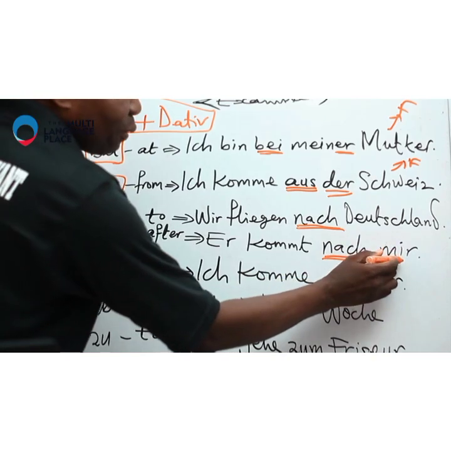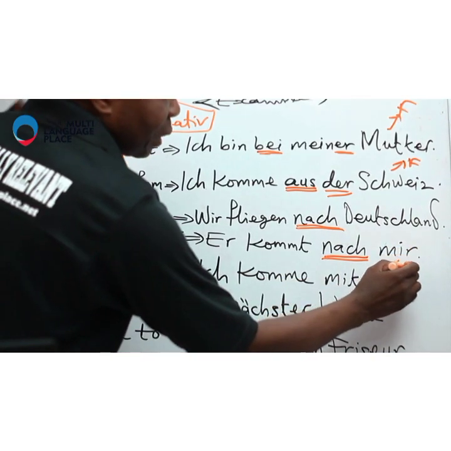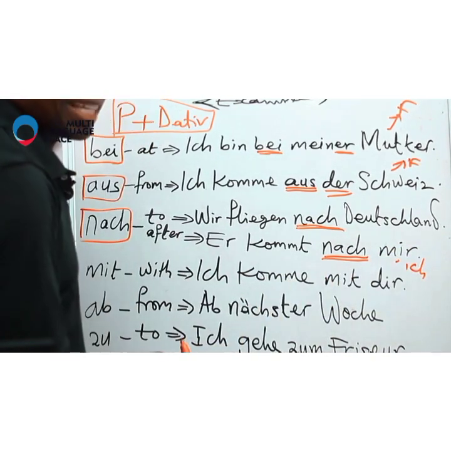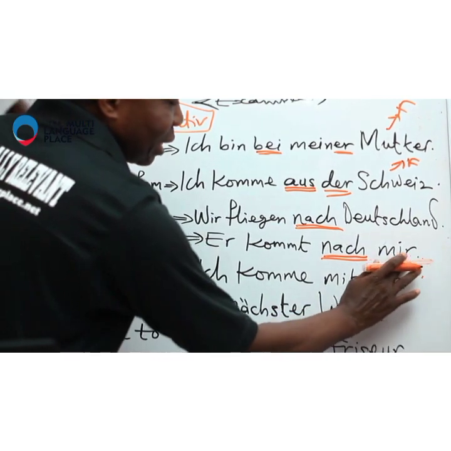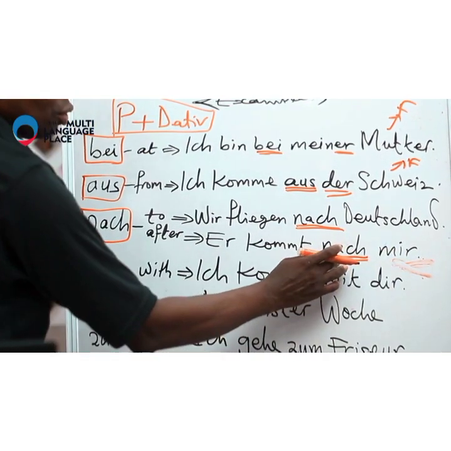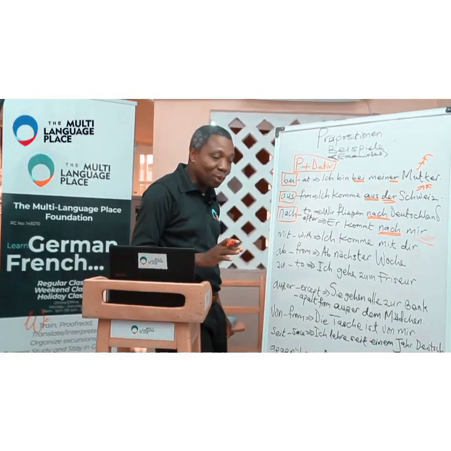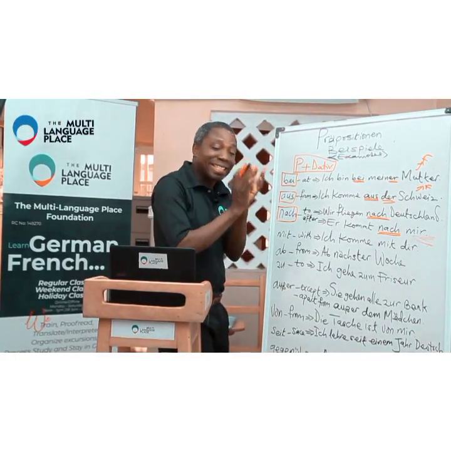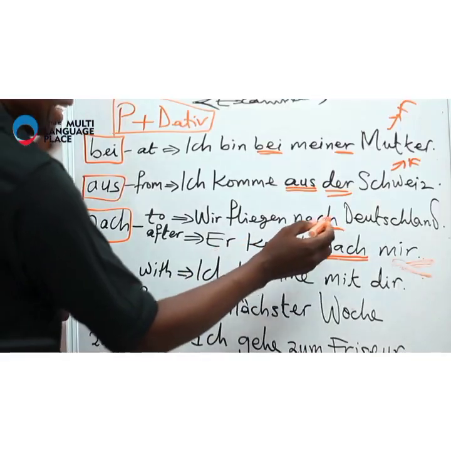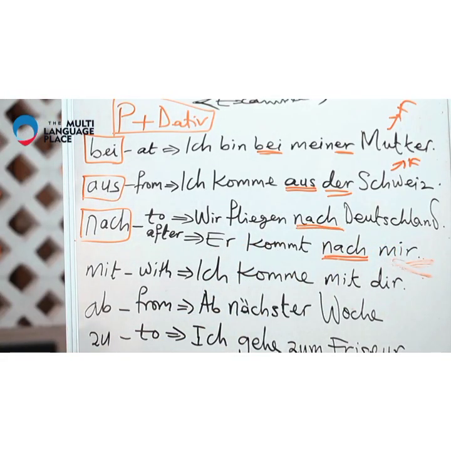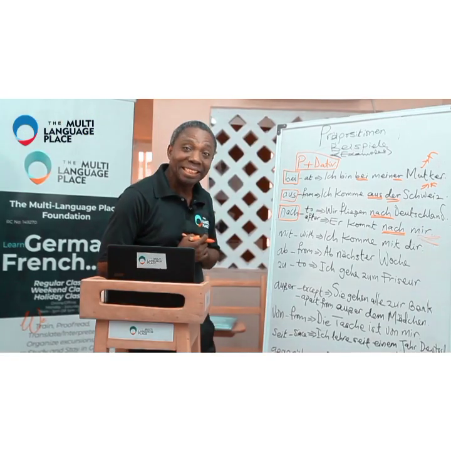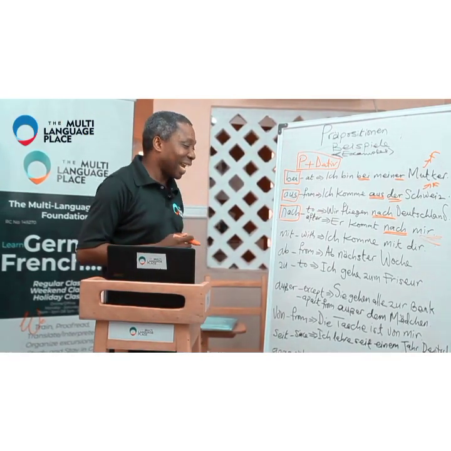So this is the dative form of the common one we know, the personal pronoun ich. That's why nach is used with it. If you are going to use any of the personal pronouns after these prepositions, it's going to be the dative form. So we have kommt nach mir. He is coming after me.